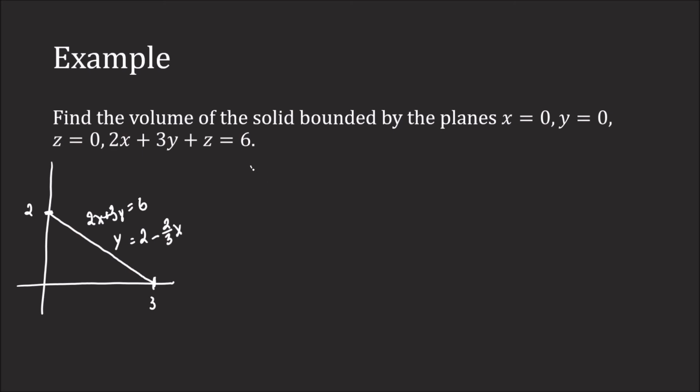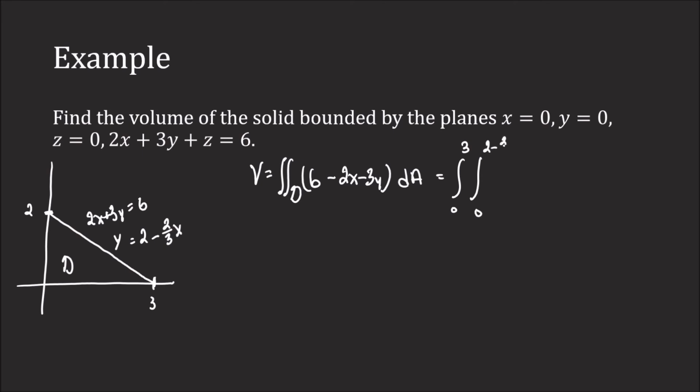So volume is the double integral over this region D of 6 minus 2x minus 3y dA, which is the integral from 0 to 3, integral 0 to 2 minus 2/3 x of 6 minus 2x minus 3y dy dx.